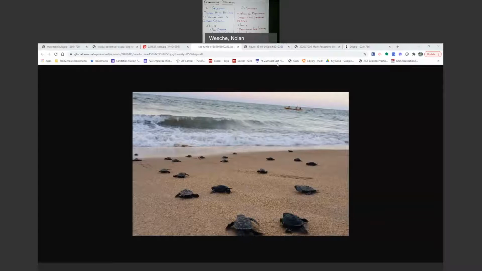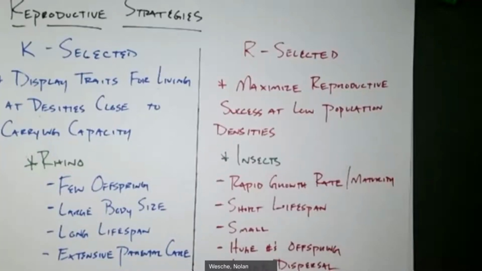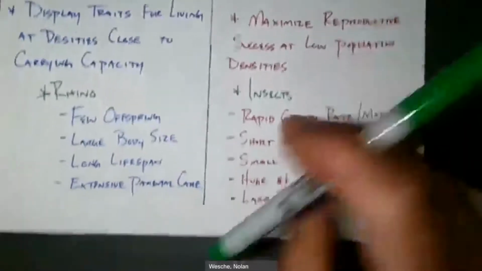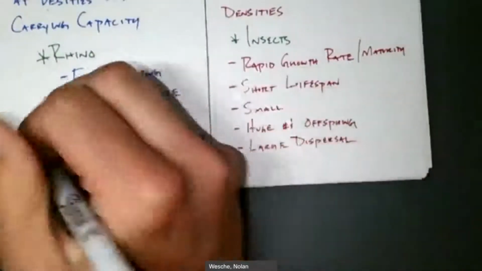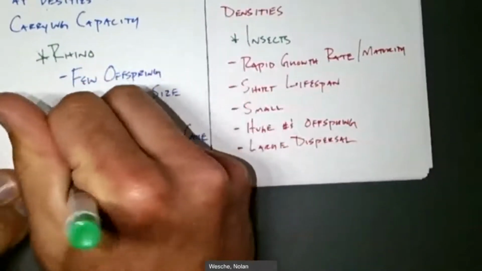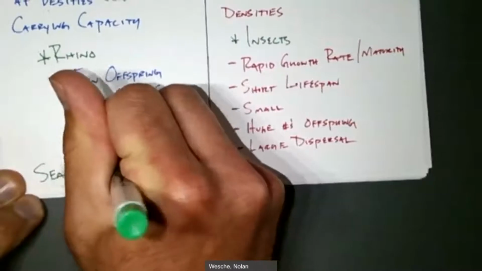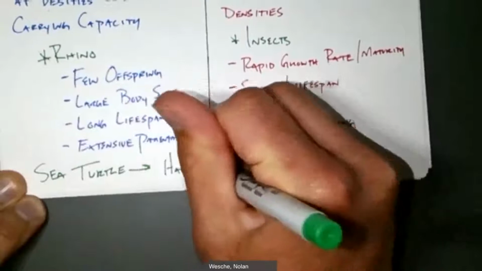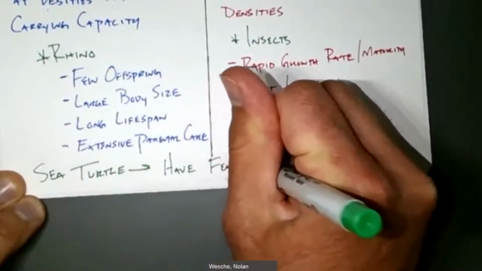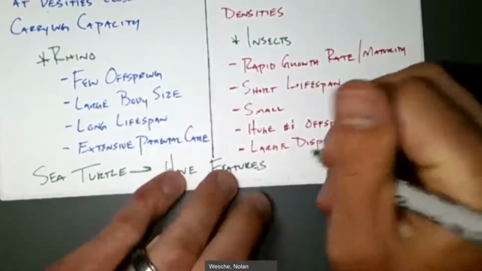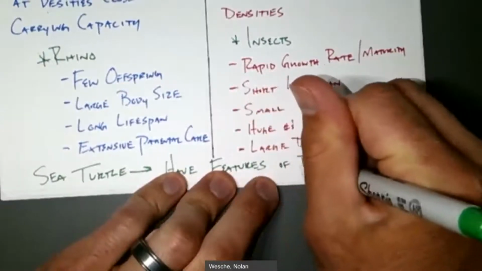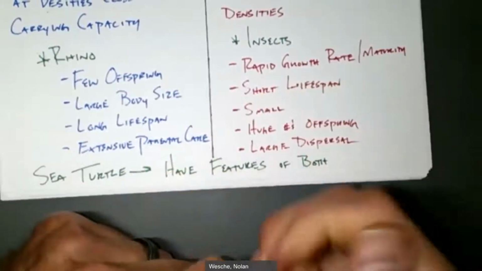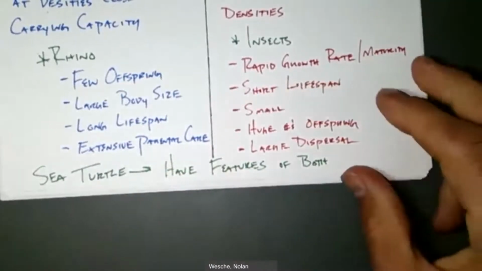So again, that kind of spans both groups. So what we would say is you're going to have organisms like a sea turtle that have features of both. And again, natural selection is going to shape some of these features of these groups to maximize their success in response to selective pressures.